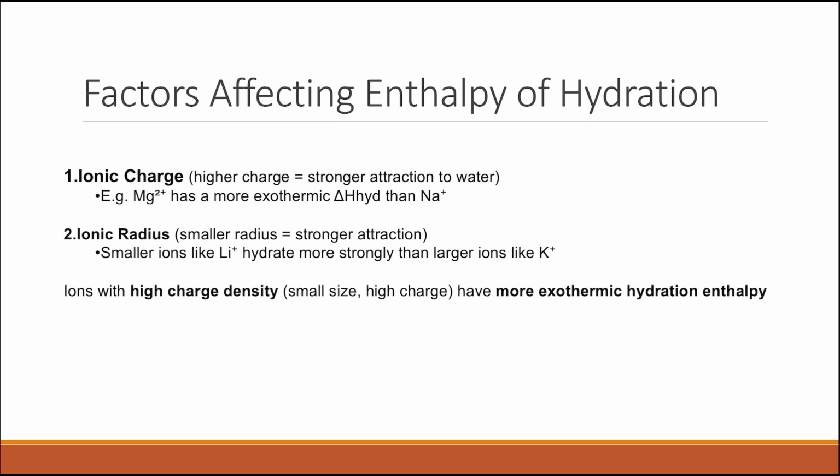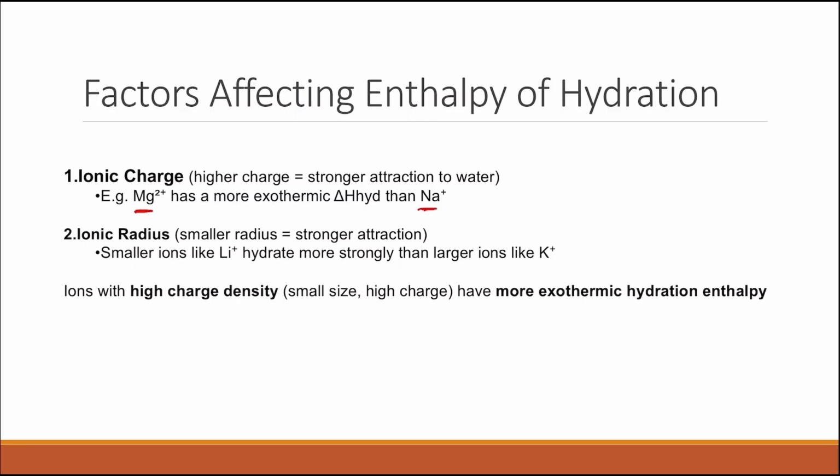There are certain factors that affect the enthalpy of hydration. The first one is the ionic charge. If the ion has a higher charge, there will be stronger attraction to water, which means the enthalpy of hydration will be more exothermic, so the value will be more negative. For example, magnesium 2 plus has a more exothermic enthalpy of hydration than sodium plus, because sodium only has one positive charge.